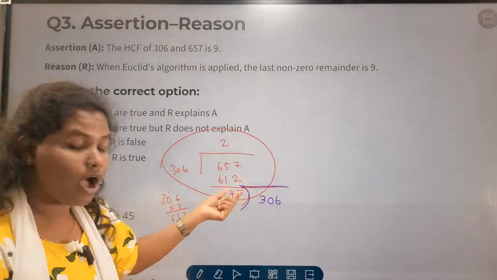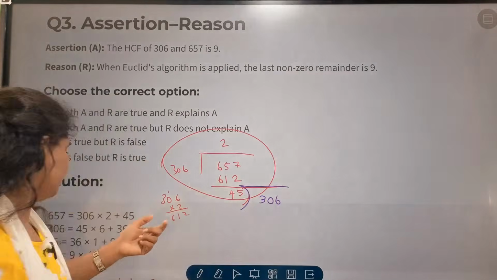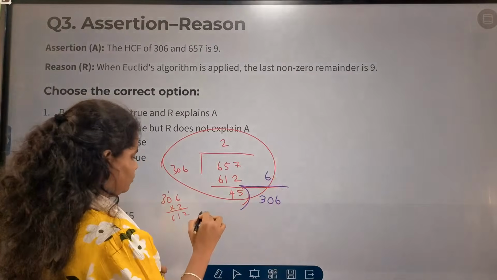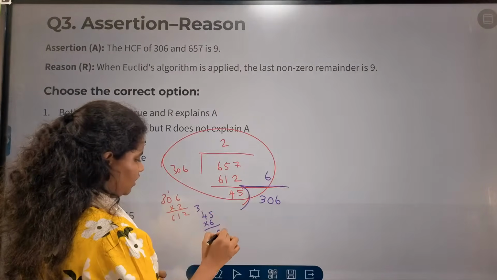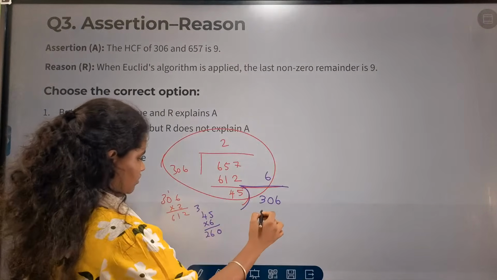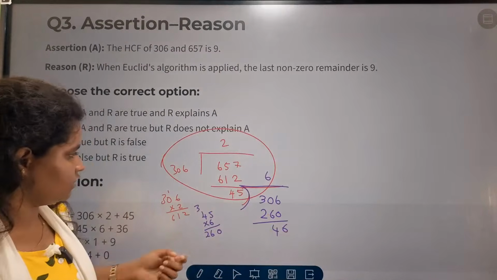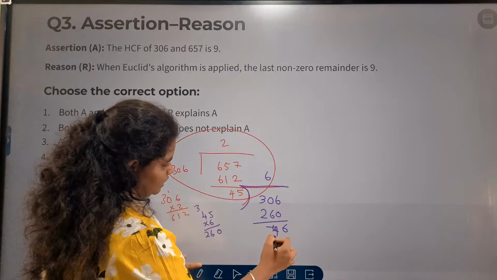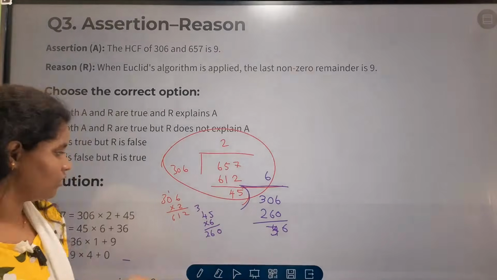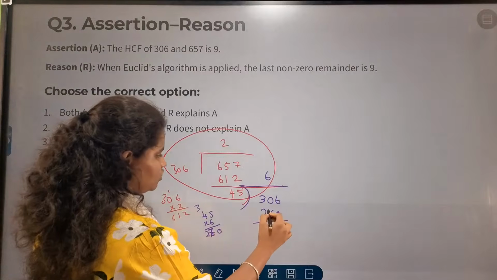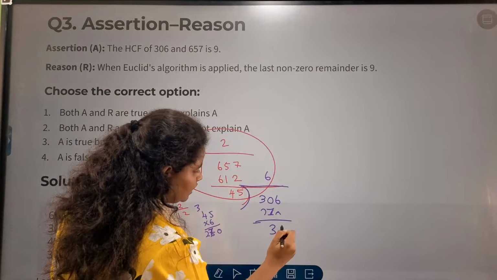So if I divide 306 by 45, 45 into 6 times is 270. So the remainder is 36.